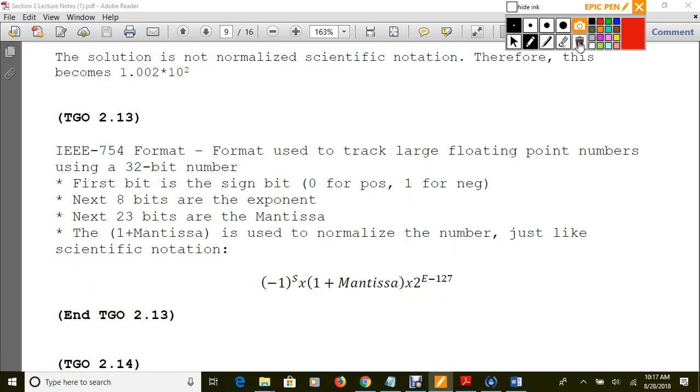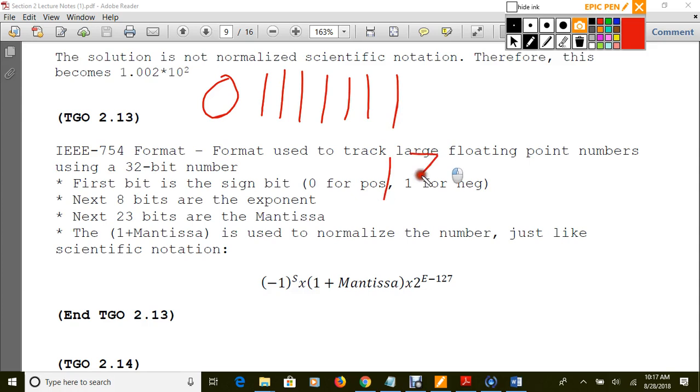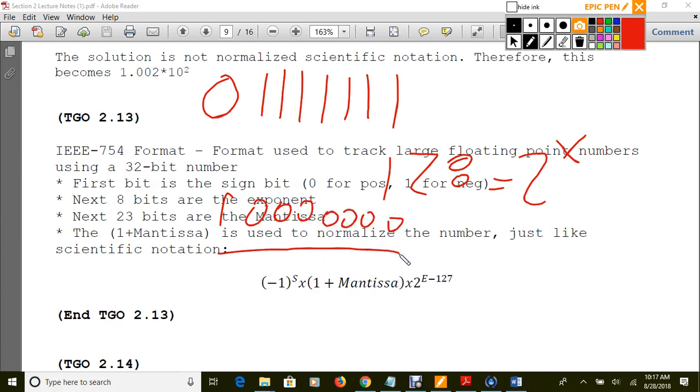Yes? What are all those original ones? You had 0, 0, and then 7 ones? Yes. What's 127 in binary? If I say 128 is 2 to the x, then 127 is just that minus 1.